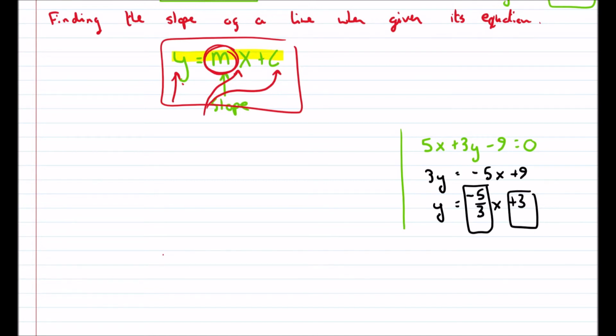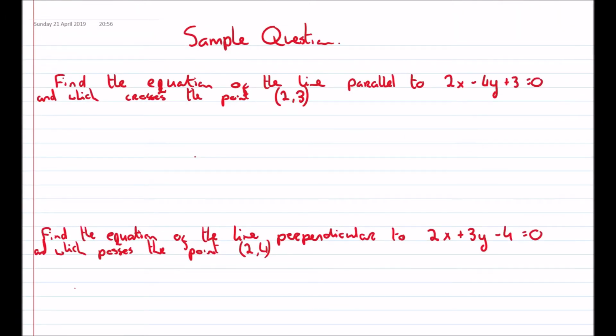Okay, before we finish up, I'm just going to do 2 questions. Here's the first one. Find the equation of the line parallel to 2x minus 4y plus 3 equals 0, and which crosses the point (2, 3). Okay, so first of all, here's this line, and let's just sketch this line. Let's just say there it is.